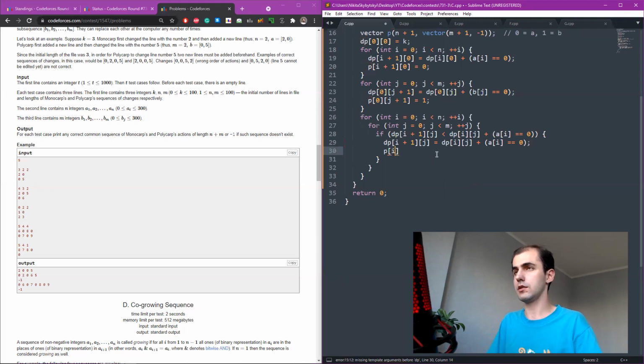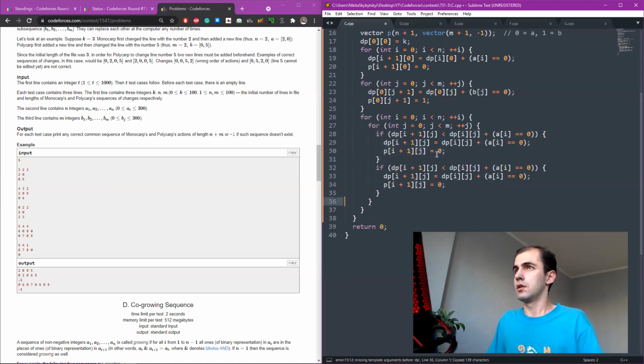Okay, and parent of i plus 1, j should be 0. You should never copy paste like that, it's just so error prone. I think it should be j plus 1.